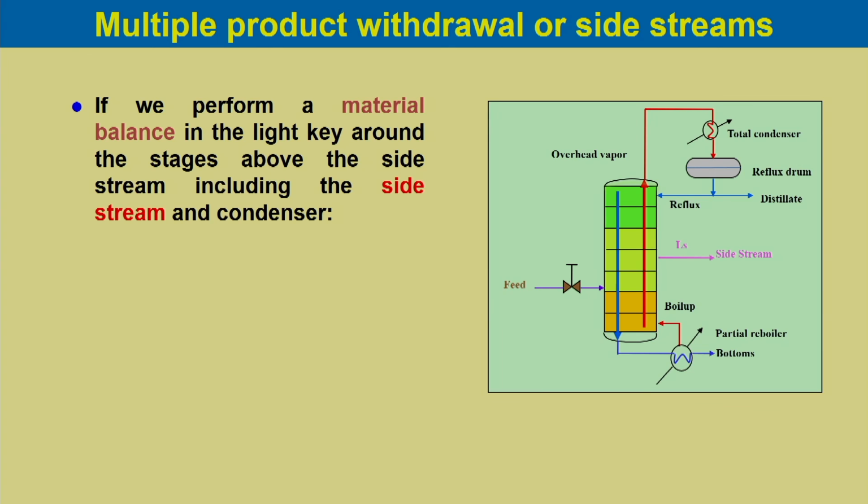If we perform a material balance in the light key around the stages above the side stream, including the side stream and condenser, we can write G n plus 1 into y n plus 1 would be equal to L n x n plus L s x s plus D x D. So, this is including the side stream, the envelope over here above this.